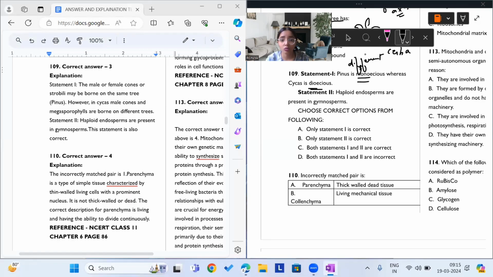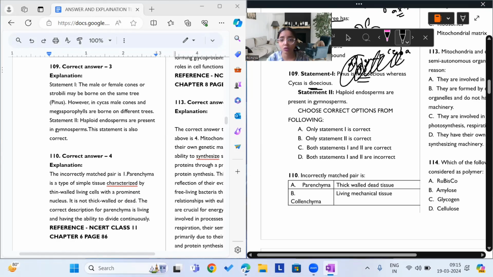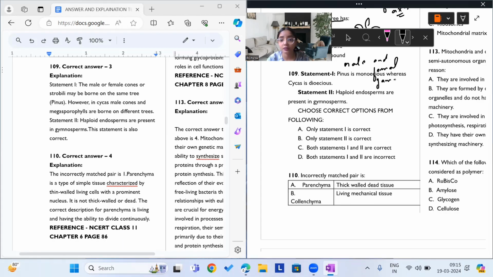Yes, so we will move on to the next question, question 109. It says Pinus is monoecious whereas Ficus is dioecious. This is a correct statement, because in Pinus, male and female gametophytes are found on the same plant body. That is why Pinus is monoecious.